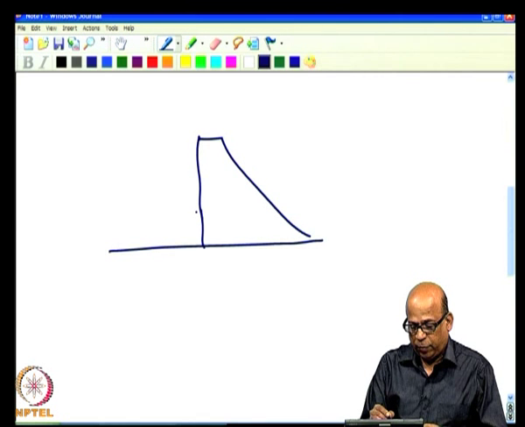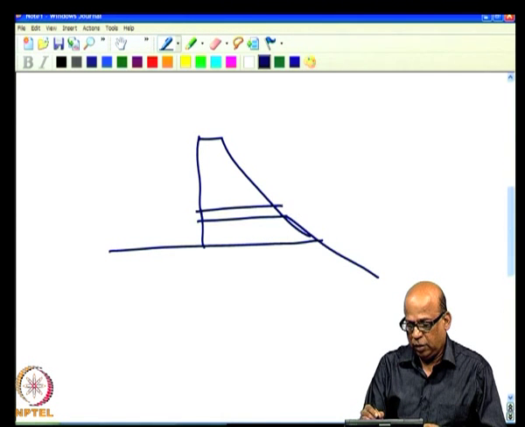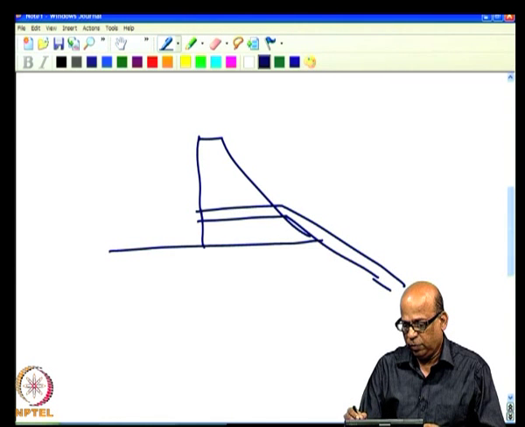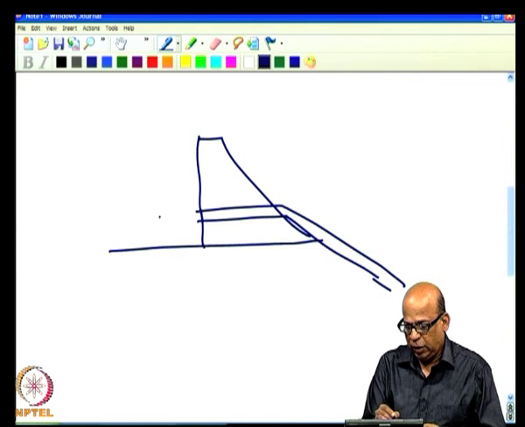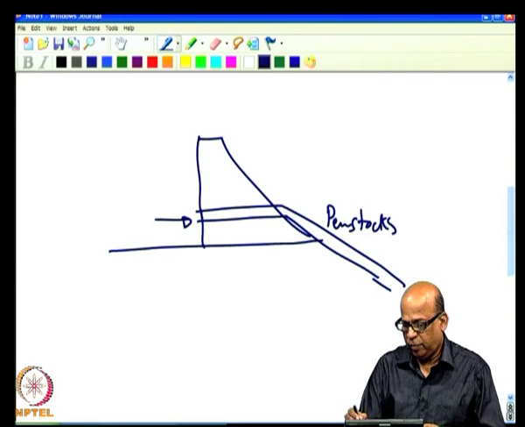Or if you are operating the reservoir for hydropower, then you will have penstocks, and then you will have a powerhouse, and you want to make the releases through the penstocks. And typically you will have a turbine here and the powerhouse.